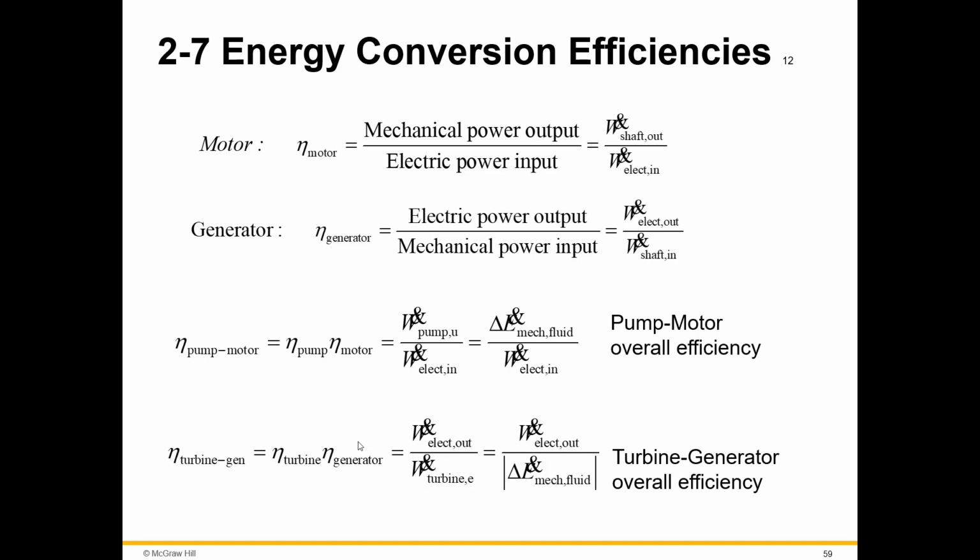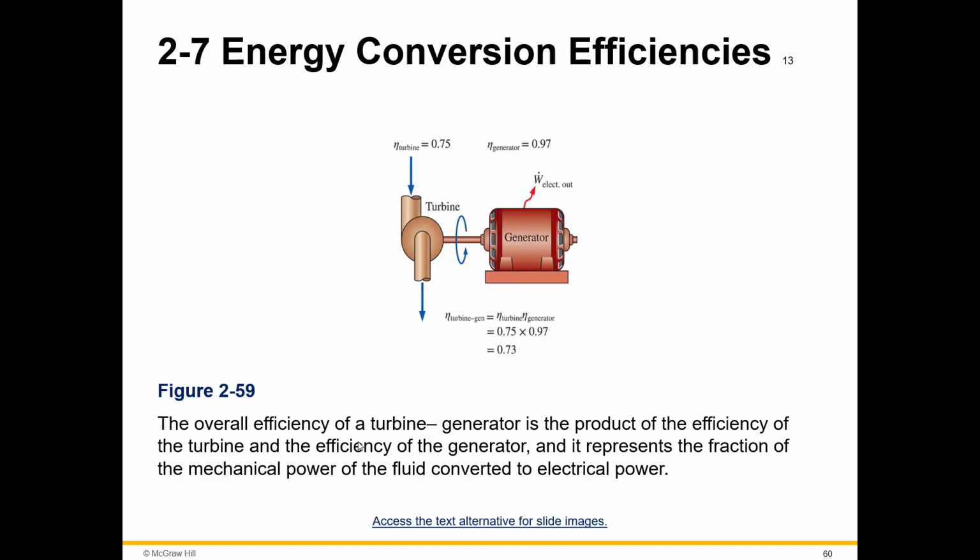So you have motor, which is output over input, generator, which is output over input, and it's electric or mechanical respectively there. And then you've even got the efficiency of the pump motor, and the efficiency of the turbine generator.